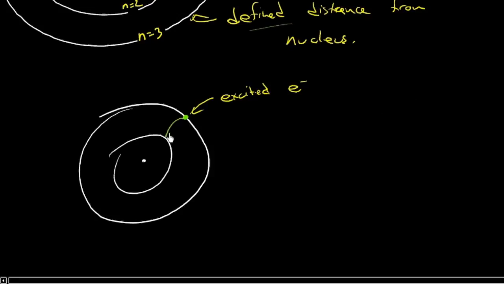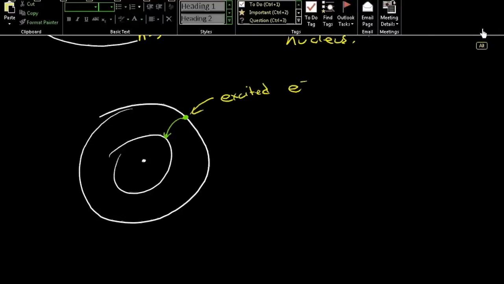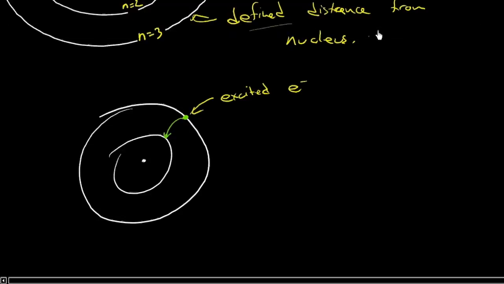And so what happens is it drops back down, and it's only this specific value. We say these defined distances. Another way of saying that is that the energy is quantized. Quantized means that it can only take on specific values. Letter grades, A, B, C, D, are quantized, whereas percentage is more continuous.